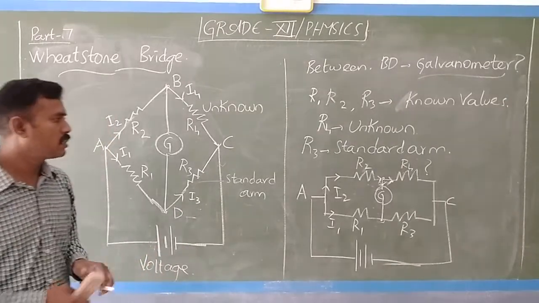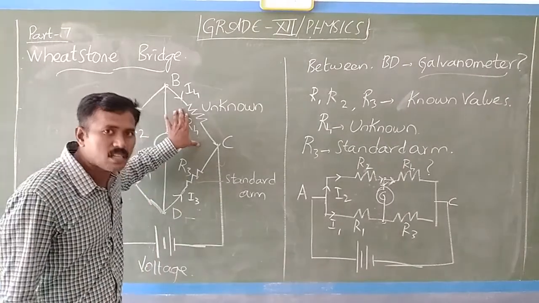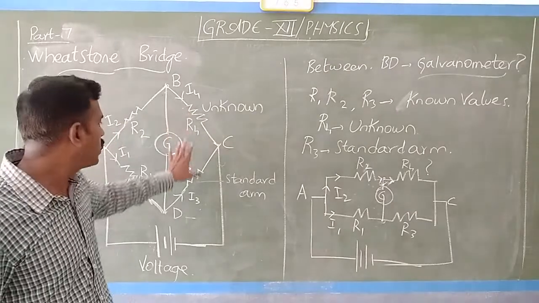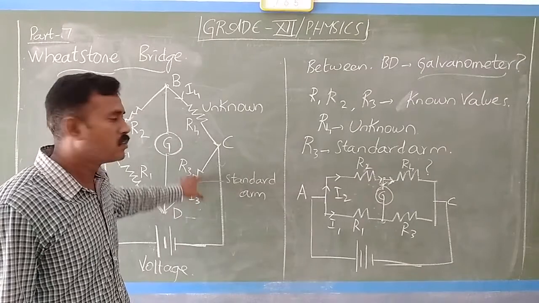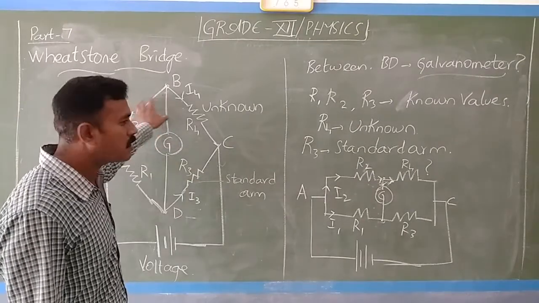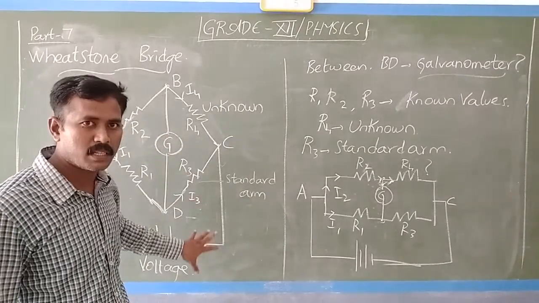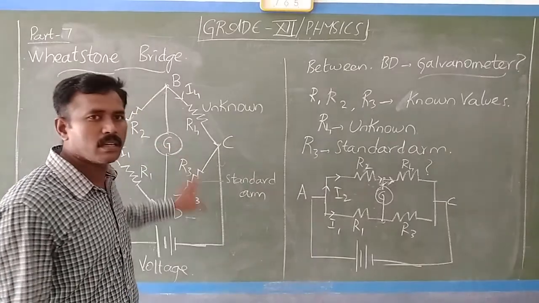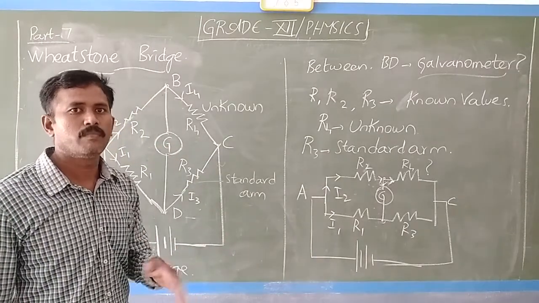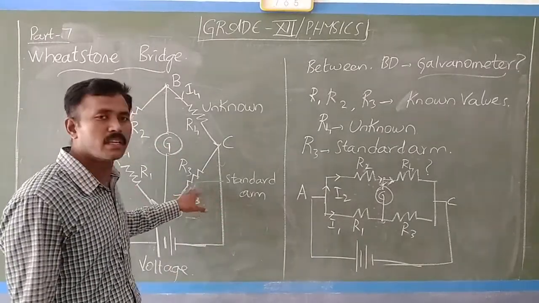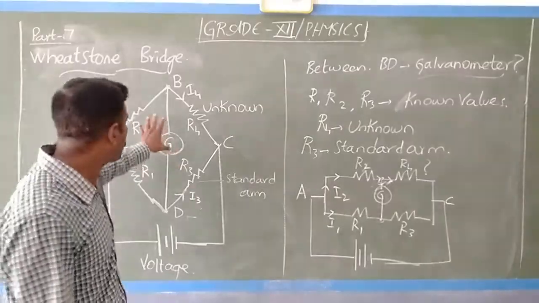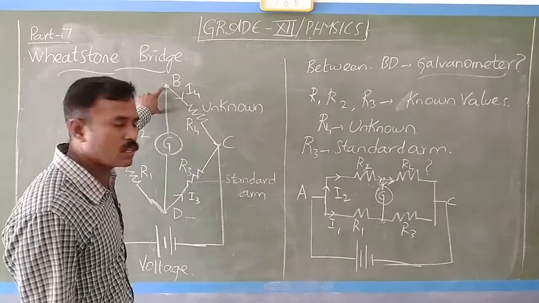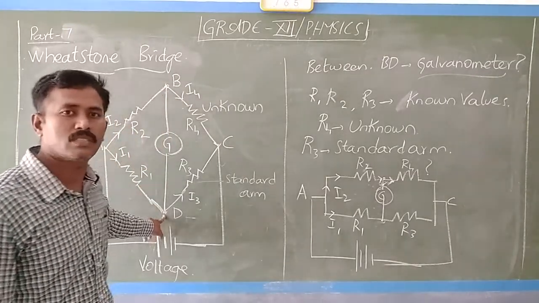So I repeat, an unknown resistor is connected and you will be varying the standard arm until there is a balance in the entire circuit. The balance means the galvanometer shows null deflection, that means it comes to zero. So the potential at this point and the potential at this point will be the same value.